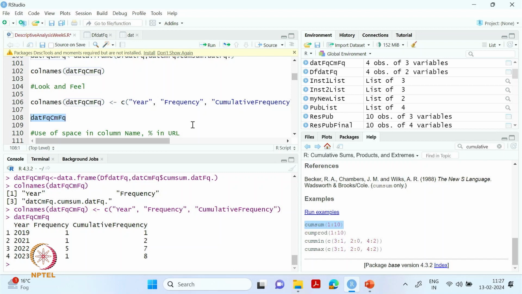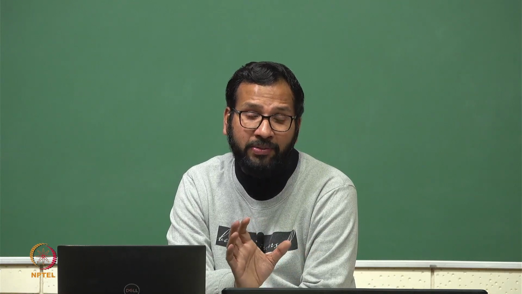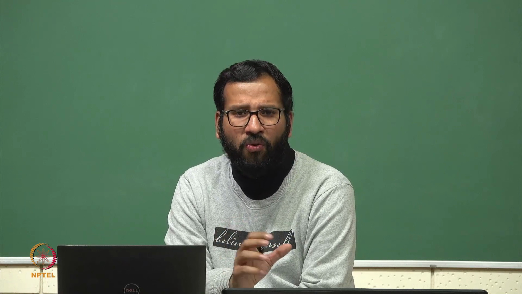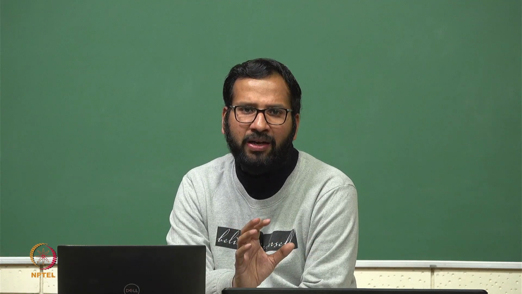If you have seen this kind of example, whenever a URL has any space in the names, automatically a percentage sign is generated, okay. So to avoid this kind of confusion, we generally don't use extra space in the names. It's always good practice that you don't give space in the column name, okay.